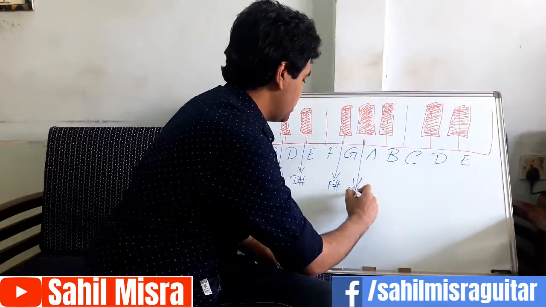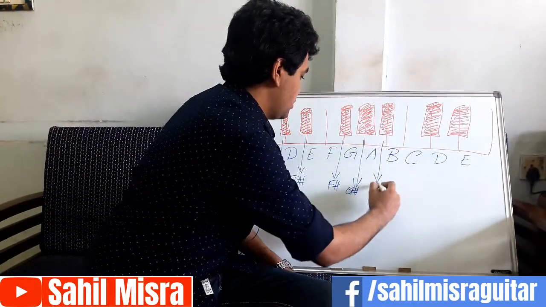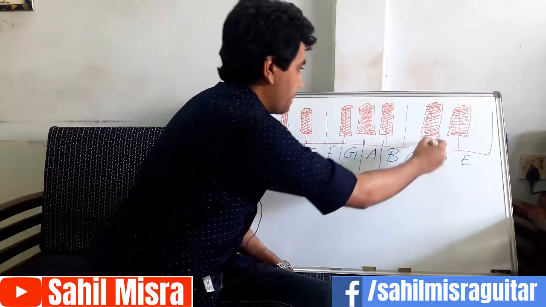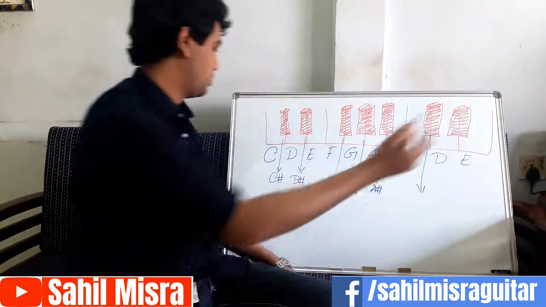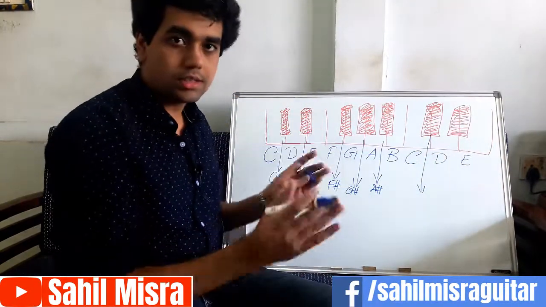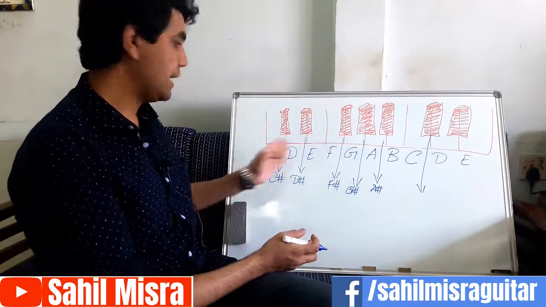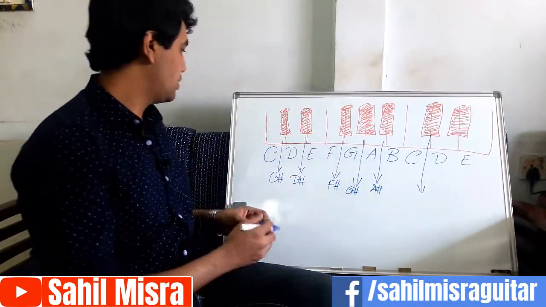Similarly we get all the alphabets. So this is A sharp, this is C sharp, and so on and so forth. Just considering a small block, we get all the alphabets as follows.